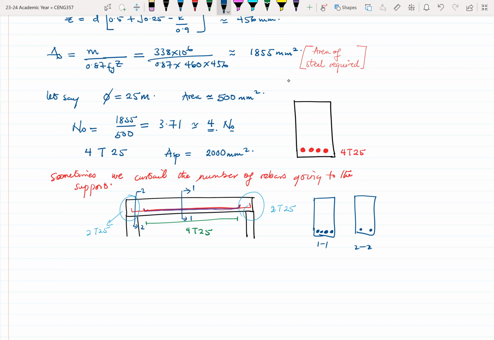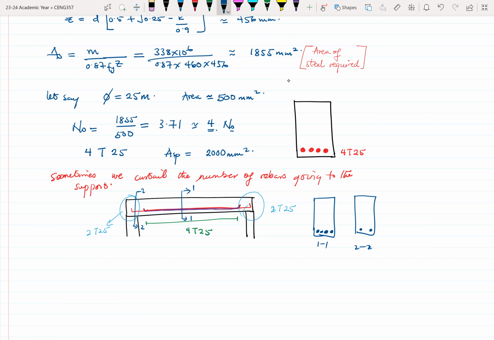Right. And there are engineering reasons and also construction reasons why we have that. Okay. So let's say that half of it goes to the support. We'll come back to why I'm spending time on this. All right, so let's look at the next set of steps.